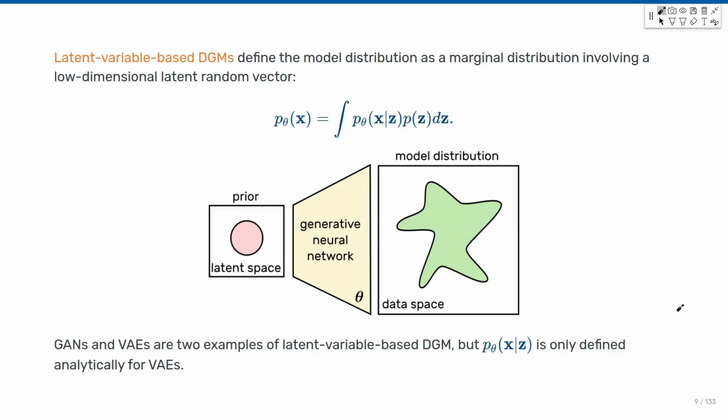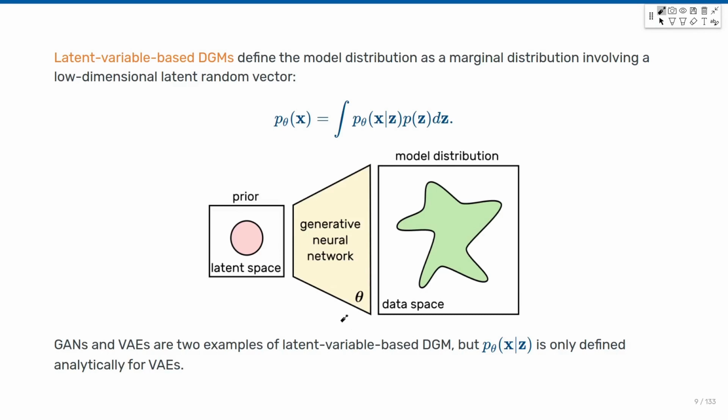And the conditional distribution, which characterizes how the observed data are generated from the latent variables, is parameterized by a neural network. If we want to sample from this model, we first sample from the prior and we pass this sample through what is called the generative neural network.